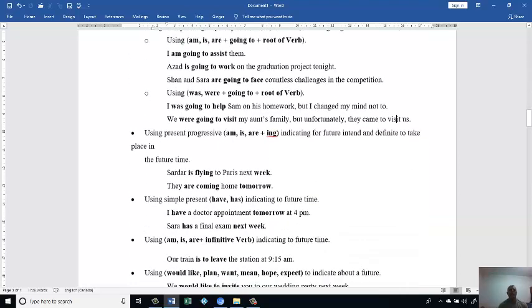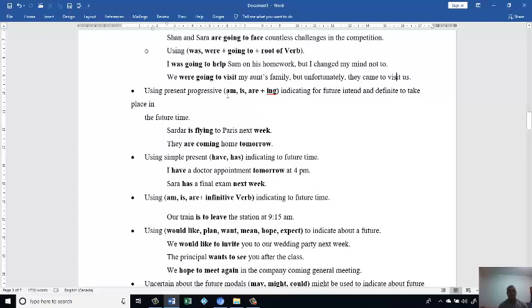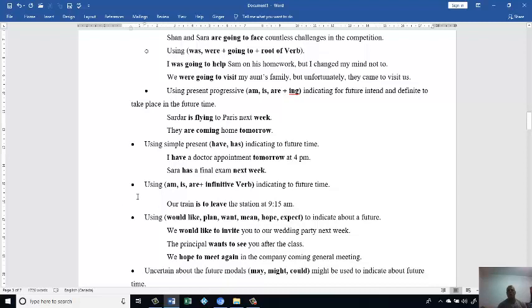Okay, using present progressive, is, am, or are plus -ing, indicates a future intent and a definite plan to take place. Sometimes we use what we call present continuous, mentioning that something is going to happen in the future. For example, Sardar is flying to Paris next week.